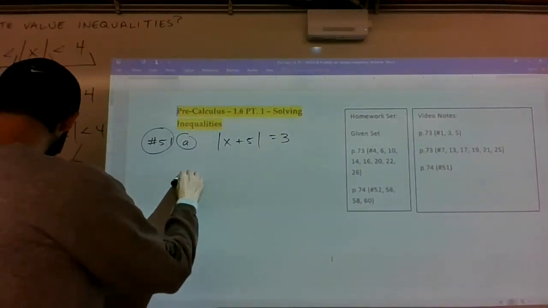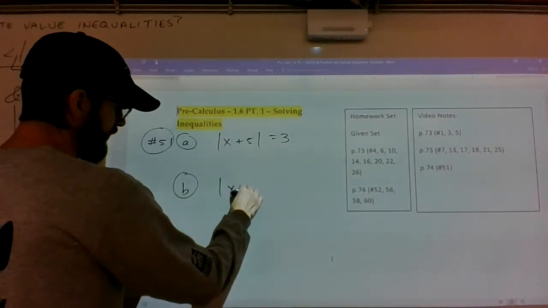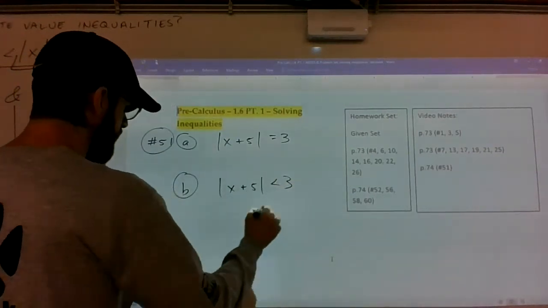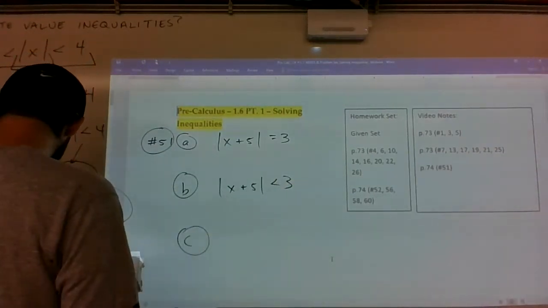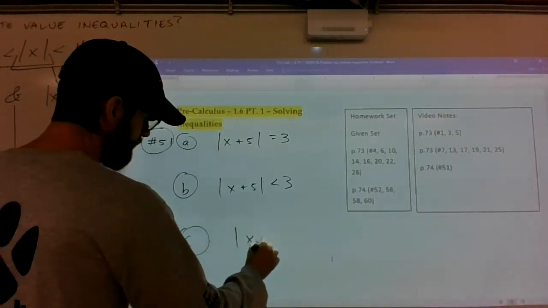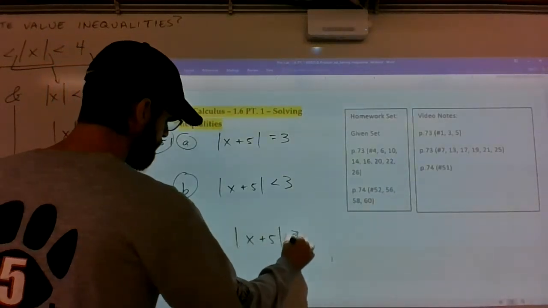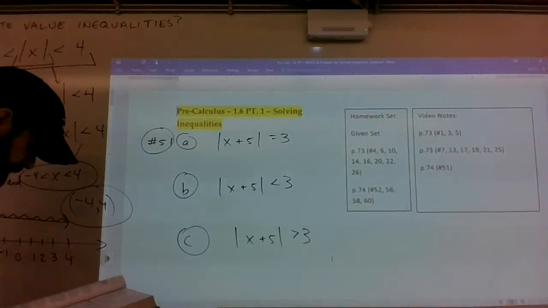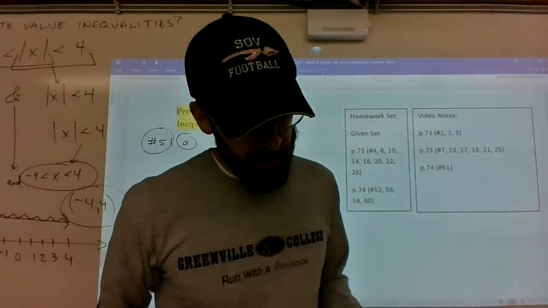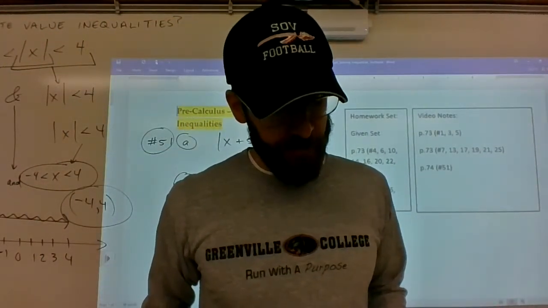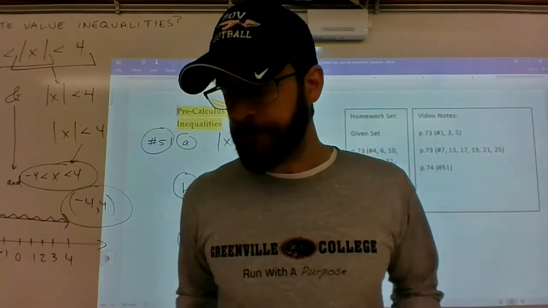Part B, it gives us this inequality. And part C, it gives us this inequality. They say solve part A and use that answer to determine the answers for part B and C.